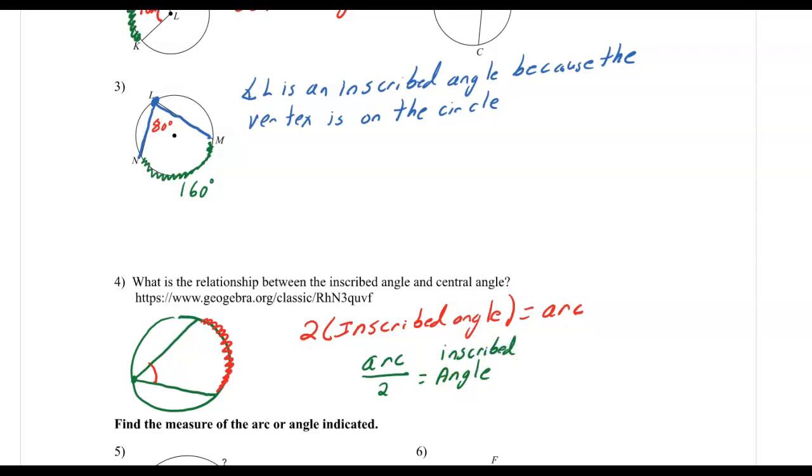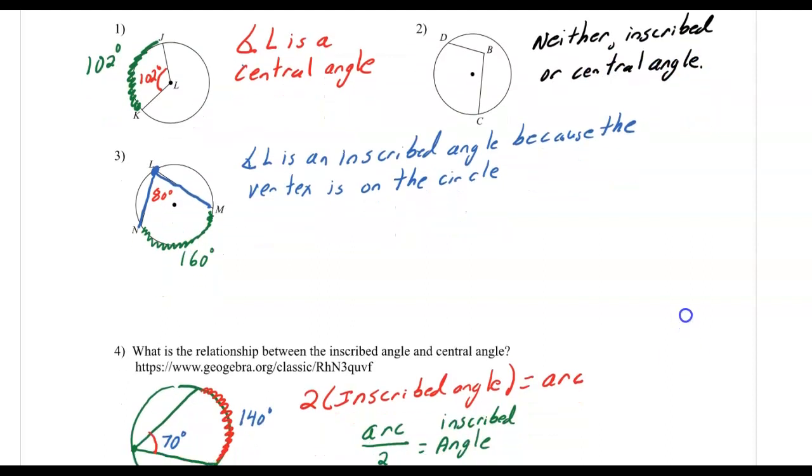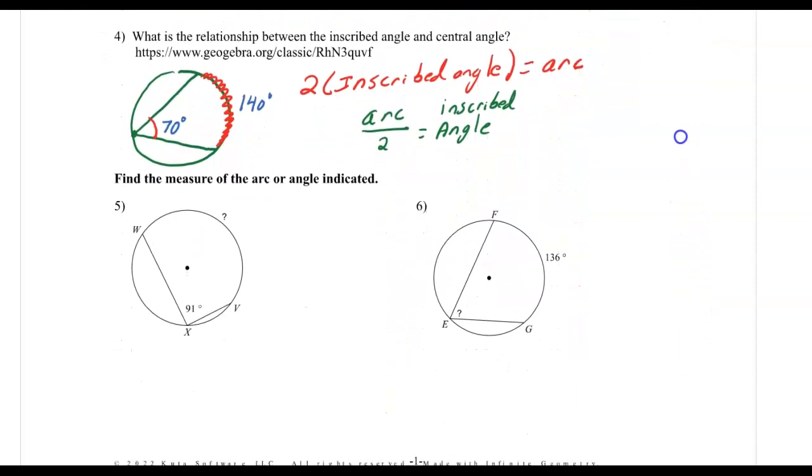So in this particular example, if I said the arc was 140 degrees, then the angle would be 70 degrees. And spiraling back up to our notes, picture number 2, this is neither an inscribed nor a central angle. So the main idea today is to learn this relationship here, and we're going to look at some examples now.